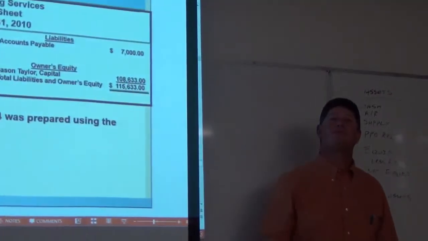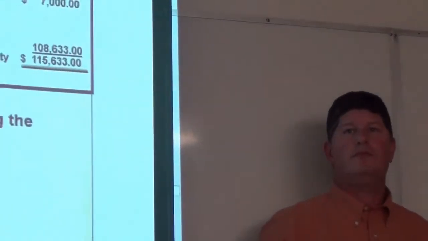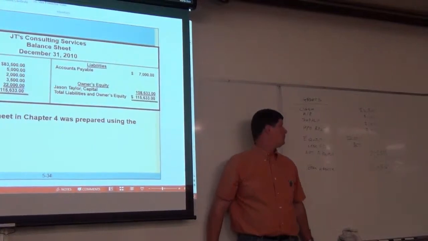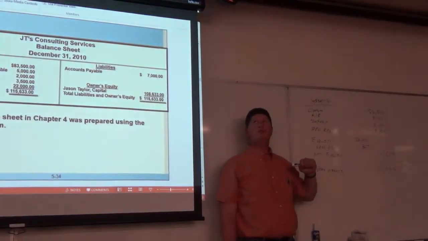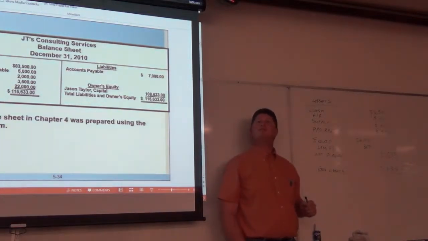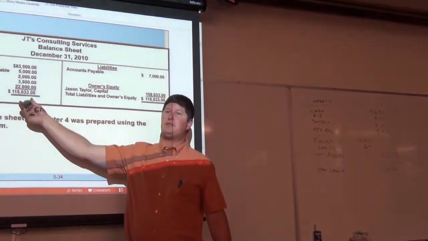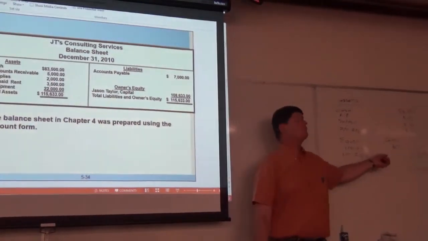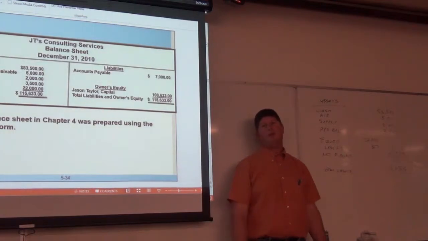Yes, ma'am? I just want to make sure we're okay if we do it both ways. You want it this way where you indent and put net equipment. The book doesn't do it that way. The book does in other places. They're probably just showing you a straight down to keep it simple. You're smart. You're picking this up quick. I just don't want to get it marked wrong.